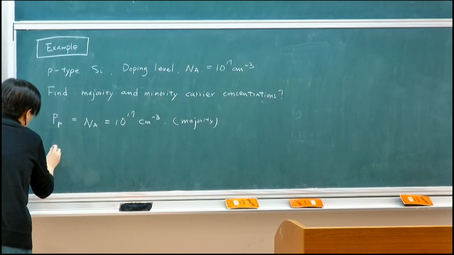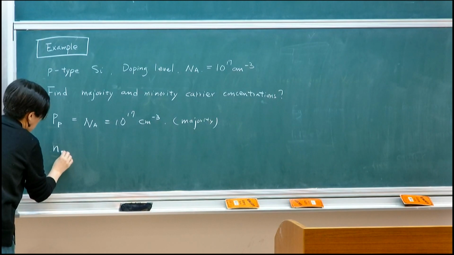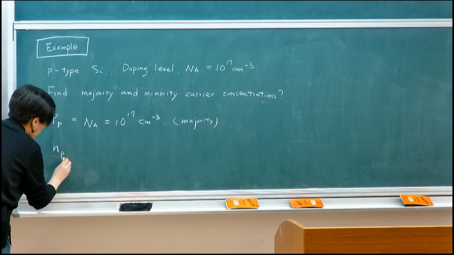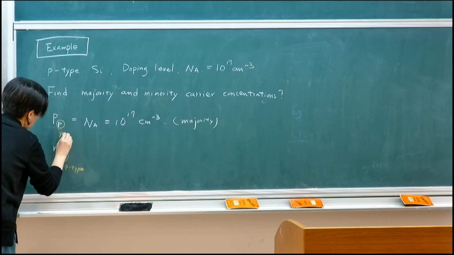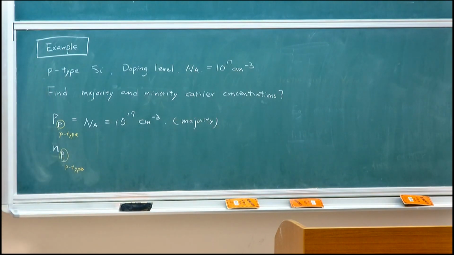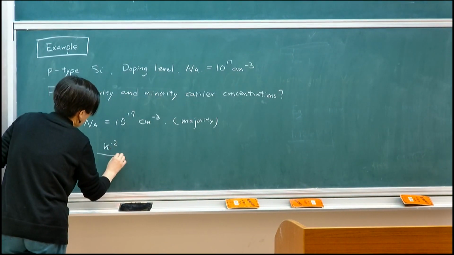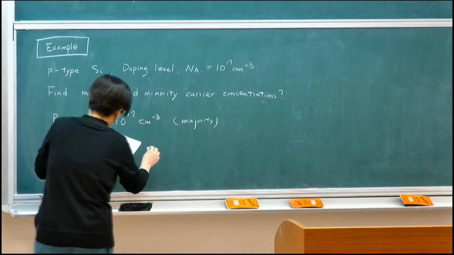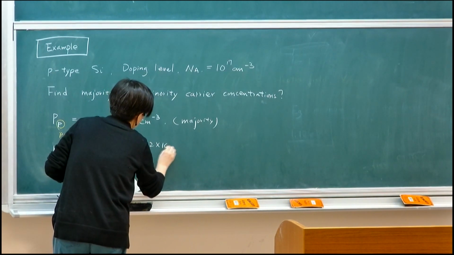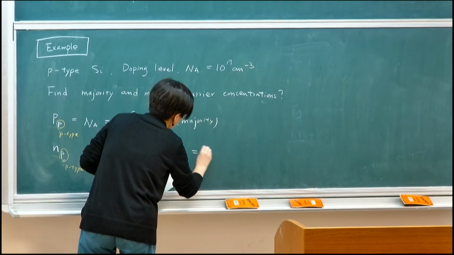So let's look at the minority. Minority is electrons in a p-type semiconductor. Electrons are minorities. So this p stands for in p-type. Let me emphasize this is in p-type. The subscript is just to label the type of material we're discussing. Because it's inverse, the minority equals Ni squared divided by 10 to the 17th. This is 2.2 times 10 to the 20th divided by 10 to the 17th, so you get a number of 2.2 times 10 to the 3rd.